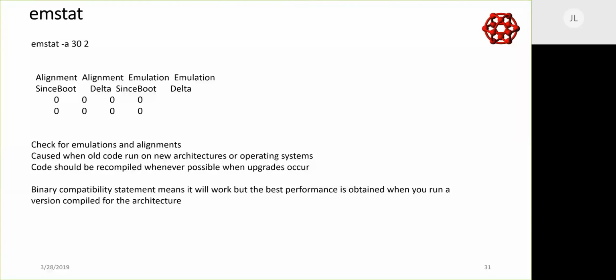They're not saying it will necessarily perform well. And an indication that it's not performing well is when you see numbers in these alignments and emulations. I've seen systems where literally in one case they were doing 17 times the amount of I/O that they did on the old system because of the way their code was compiled. When we recompiled it, that went away. So just be aware that if you're bringing old code across, you may run into performance problems even though it works.